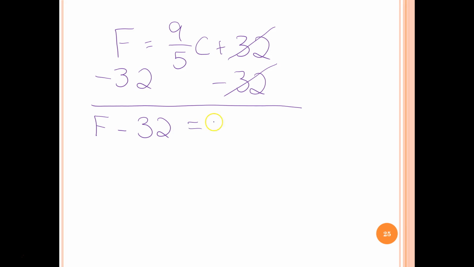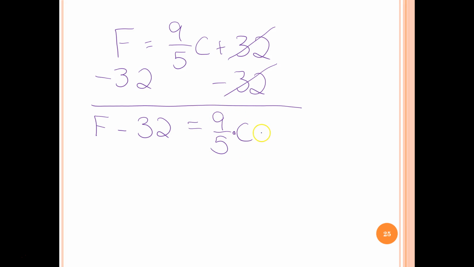And notice this looks very similar to what we saw a few moments ago, except 1.8 is being replaced with 9/5. It's equivalent. Now, anytime we have a fraction being multiplied to a variable, remember what we can do.